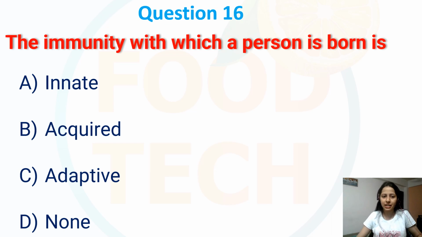So option A is the correct option. It provides a first line of defense against infections, and it includes physical barriers like the skin as well as cellular and molecular defenses that are always ready to respond to pathogens. So the correct option is A, innate immunity.